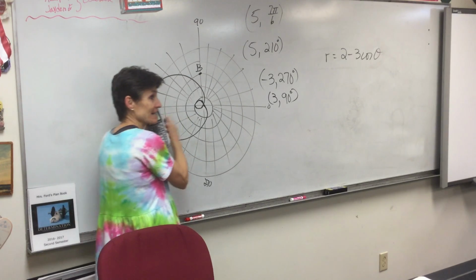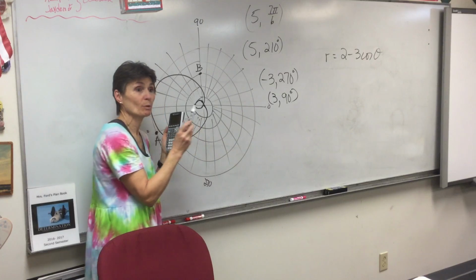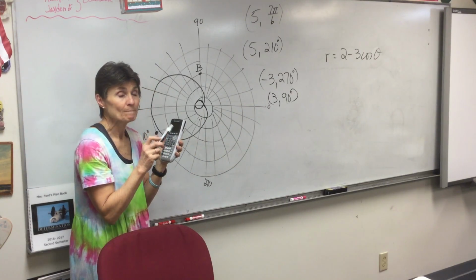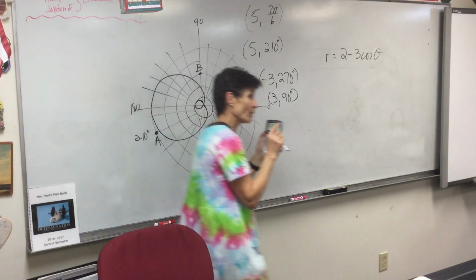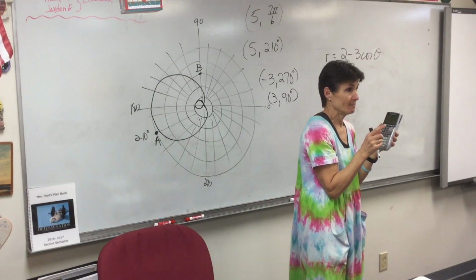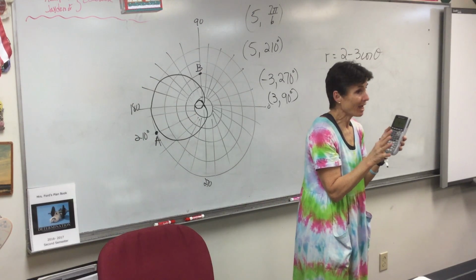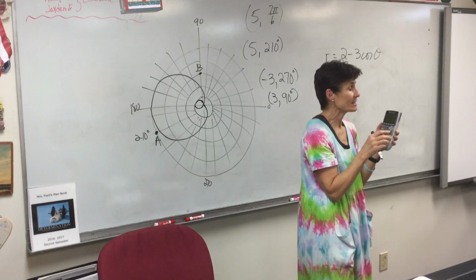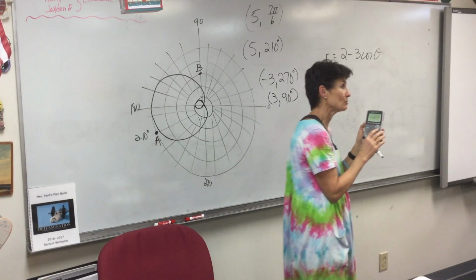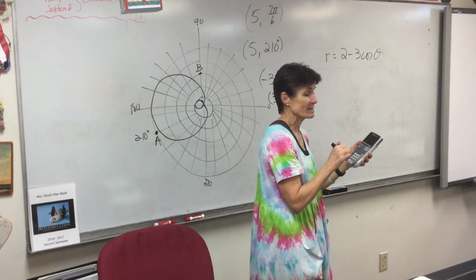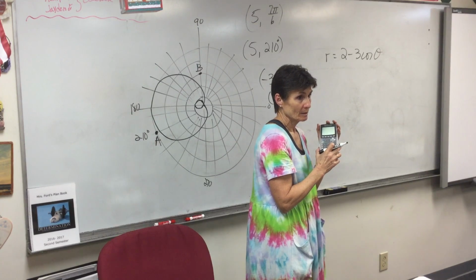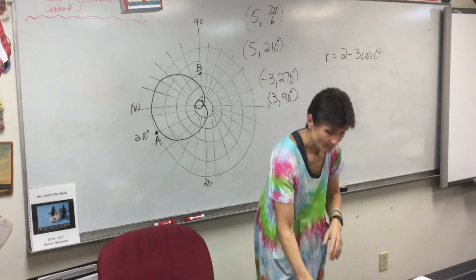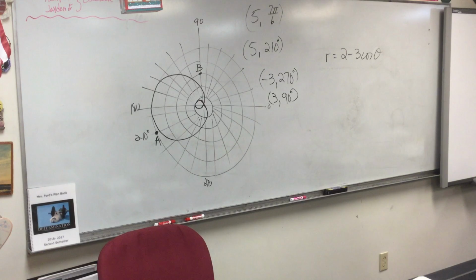So when you graph it, that's how big you have to graph it. If it was only 4, you would go out to 4. So yes, if you have the right shape, you're going to get credit. But if you don't have the right size, you're not going to get full credit, okay? It does not have to be perfectly drawn, but it has to be the right size. Okay? All right. Awesome. Number 2 is done.